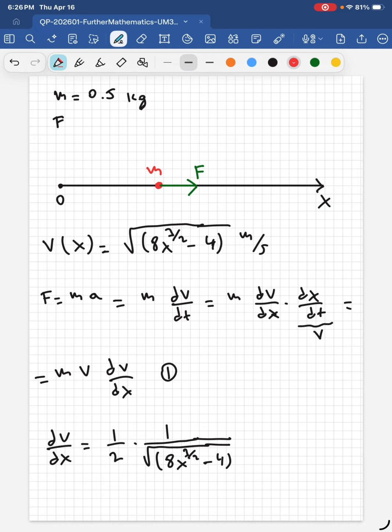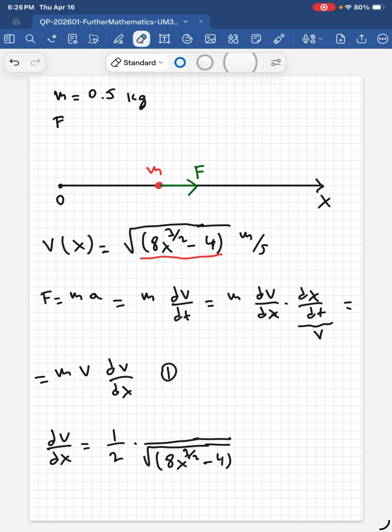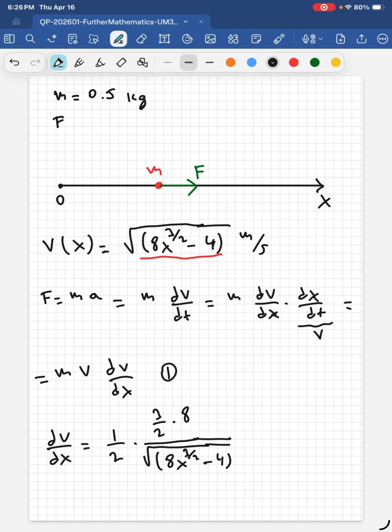In this case, the quantity in the square root is this function, 8x to the 3 halves minus 4, and the derivative of that is simply, let me see, wait, why am I confused? Yes, it's, let me delete this one over there so I can work. So it's 3 halves times 8 x to the 1/2, right?